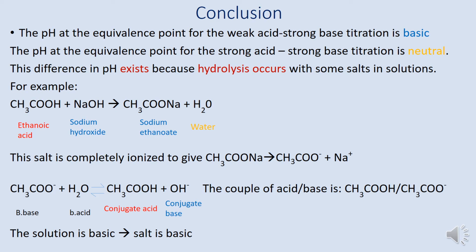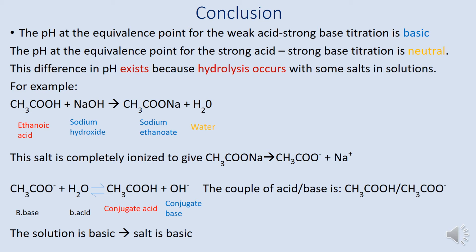To understand it well, let's take the example that CH3COOH, which is ethanoic acid, a weak acid, reacts with, or is neutralized with, NaOH, which is sodium hydroxide. Remember that sodium hydroxide is a strong base. These two reactants give the salt and water.